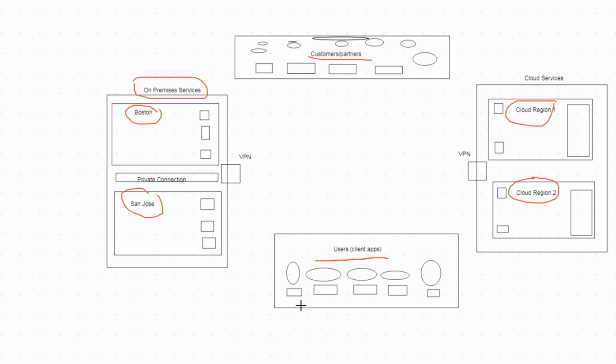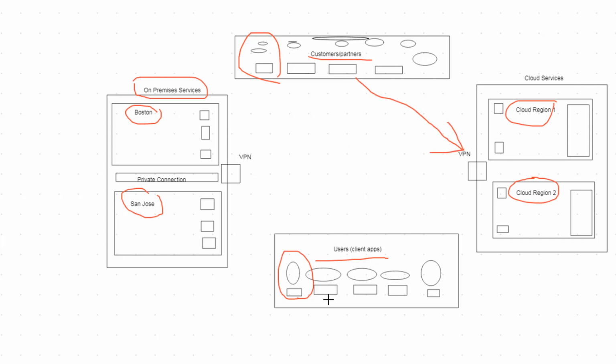If we're developing applications, let's say for our corporate users, we may want to look at that deployment a little differently than if it's for our customers or partners. For example, we may only allow our customers and partners to access specific resources, and those resources may actually only be in the cloud.